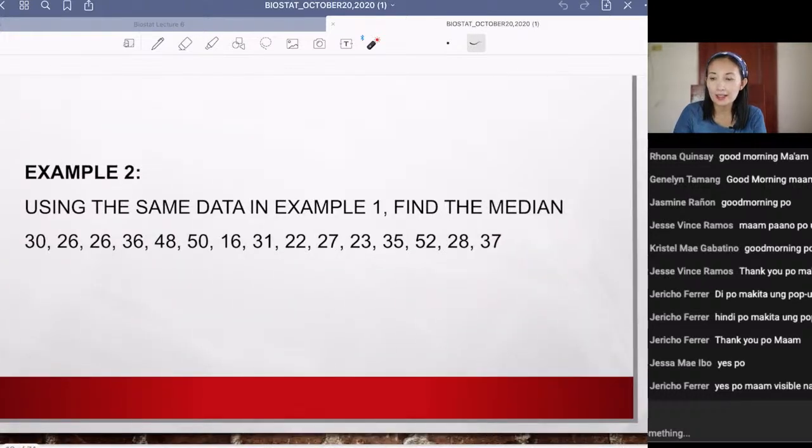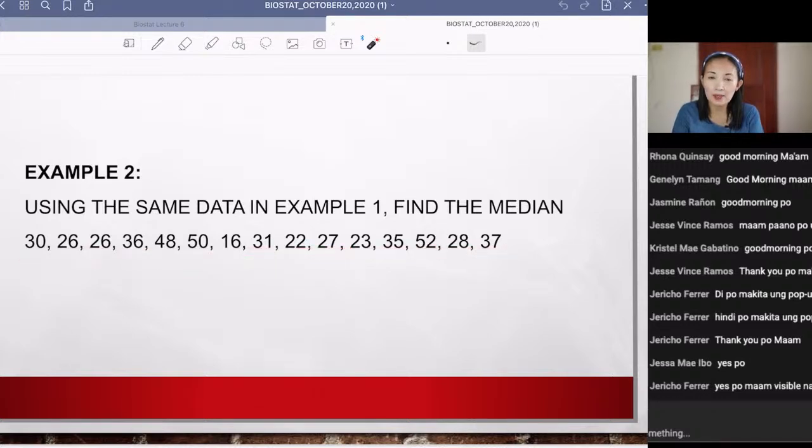So for instance, in example number 1, we dealt with 15 scores or measures. Using the same data in example 1, find the median. Odd numbered.